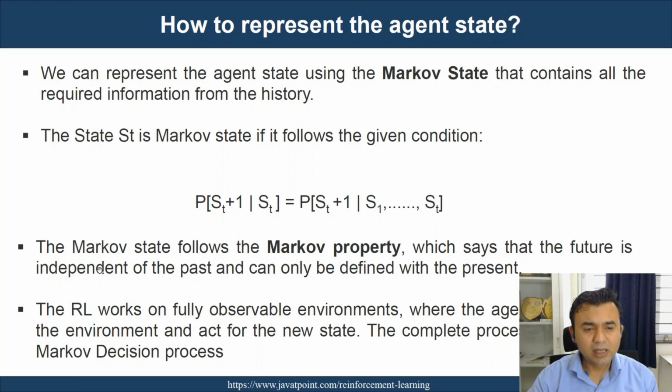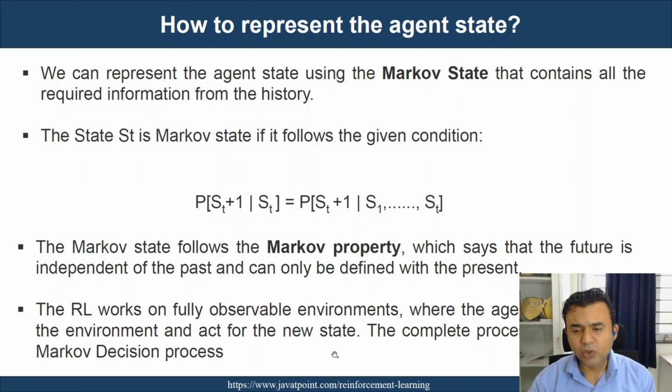Now, this Markov state follows the Markov property, which says that the future is independent of the past and can only be defined with the present. Reinforcement learning works on a fully observable environment, where the agent can observe the environment and act for the new state.